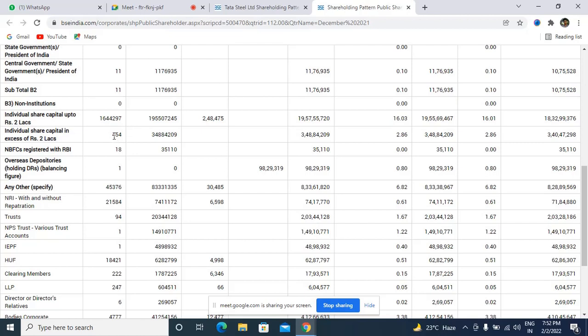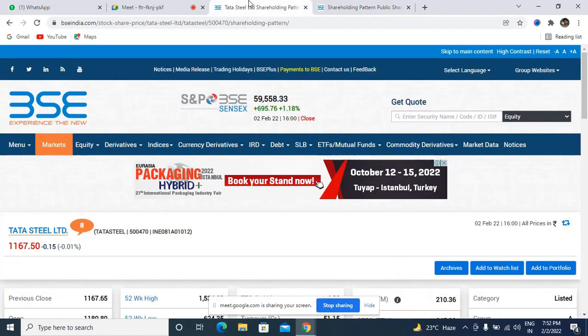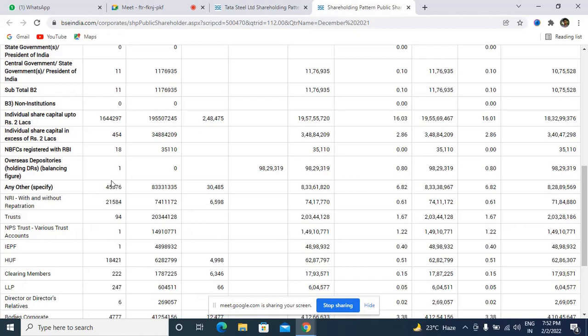If you have shares of Tata Steel of say 50,000 rupees, or even just one share of 1167.50 rupees, then also you belong to the category of individual share capital up to 2 lakhs, and beyond that you belong to this category. If you are rich, you are actually from this. Actually it is not about rich or poor. If you are a new person in the market, then you can also belong to this category. So this is the percentage.